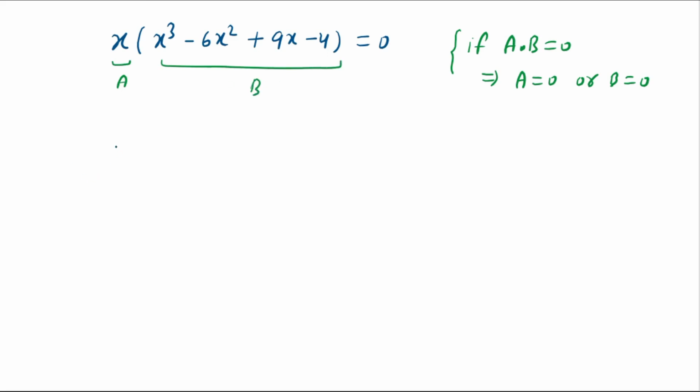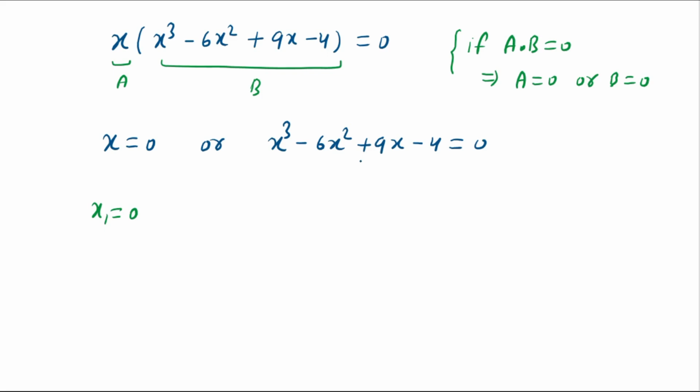So we can say x is equal to 0, or x power 3 minus 6x square plus 9x minus 4 is equal to 0. Let's say this is the first solution, x1 equals 0. We have a cubic equation, x cube minus 6x square plus 9x minus 4 equals 0.